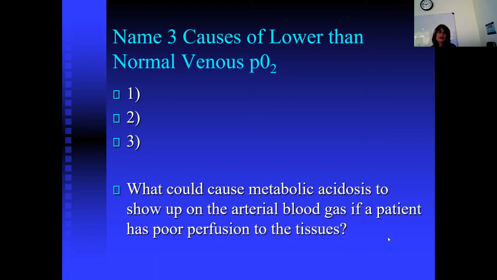Do you know the answer to that question at the bottom? What could cause metabolic acidosis to show up on the arterial blood gas if a patient has poor perfusion to the tissues? Why would you get a metabolic acidosis if you have a poor cardiac output?